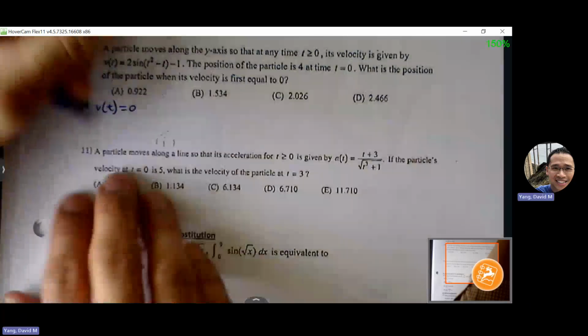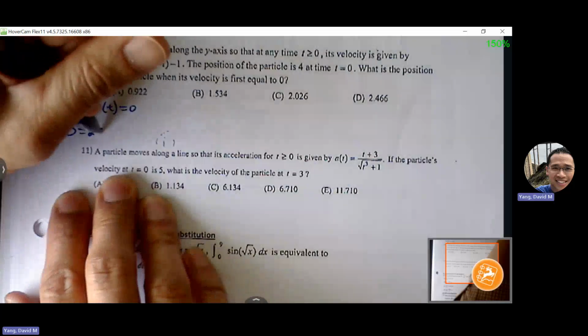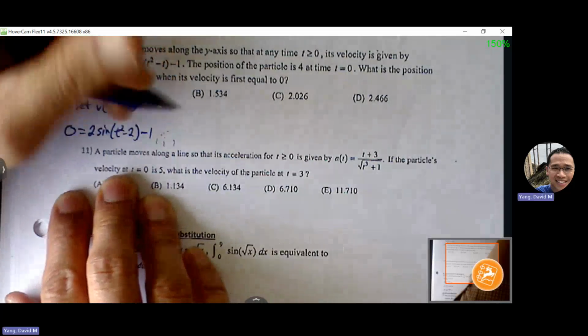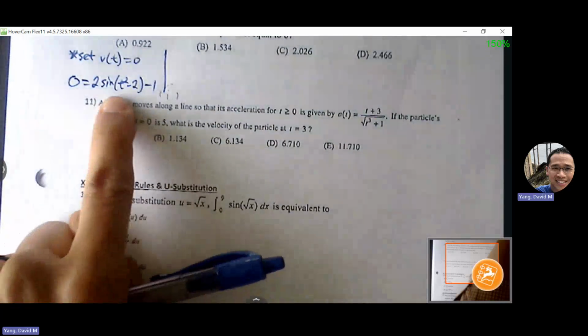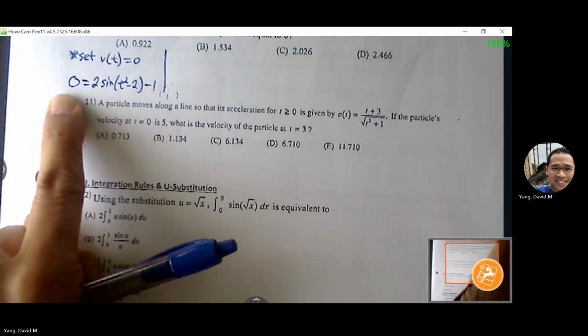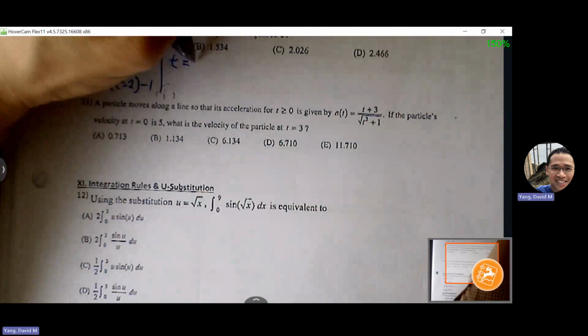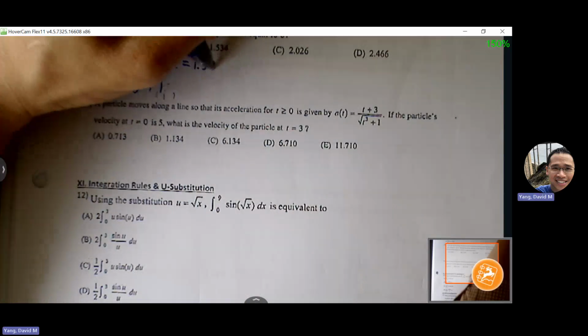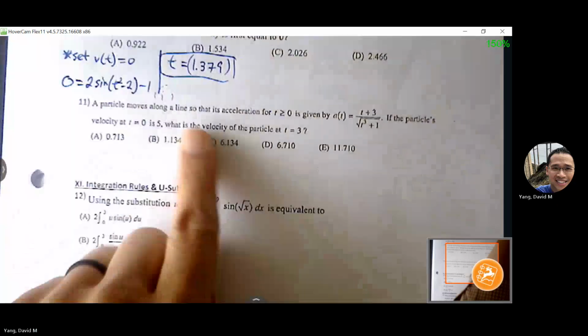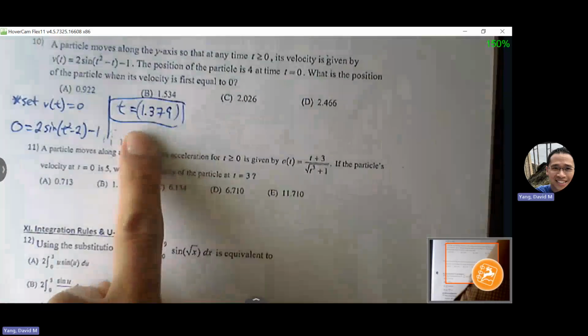So we can set 0 equal to the 2 sine of t squared minus 2 minus 1. You can graph this and then look for the what? X-intercept, yeah. So I'm going to just fast forward it. Ends up being 1.379. So it's basically saying, what is the position of the particle at this moment in time?